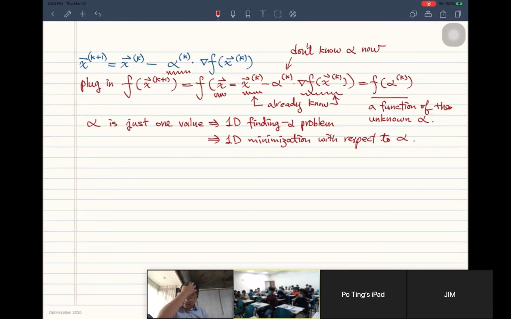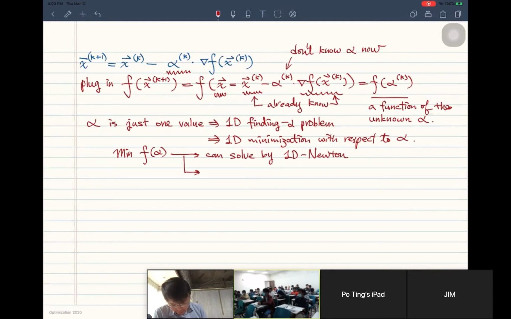Okay? And how do we solve a 1D problem? So it's minimizing f of alpha. How do we solve it? Can solve by 1D Newton. Because in 1D Newton, we don't need to use Hessian, right? In this small 1D finding problem, let's use a different symbol for iteration number. So let's use m.